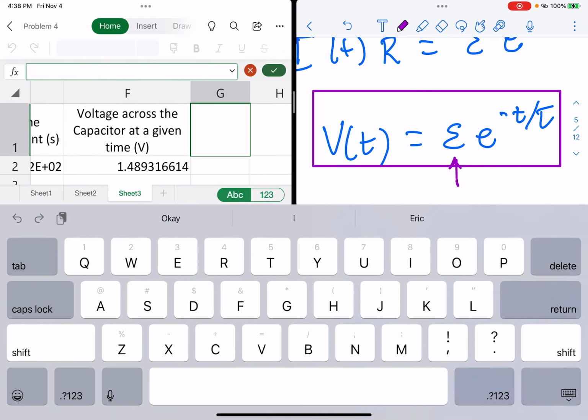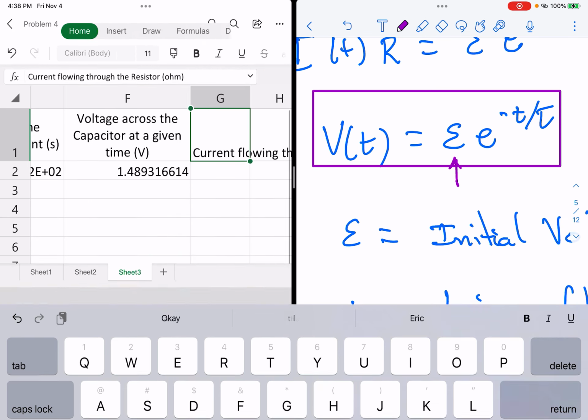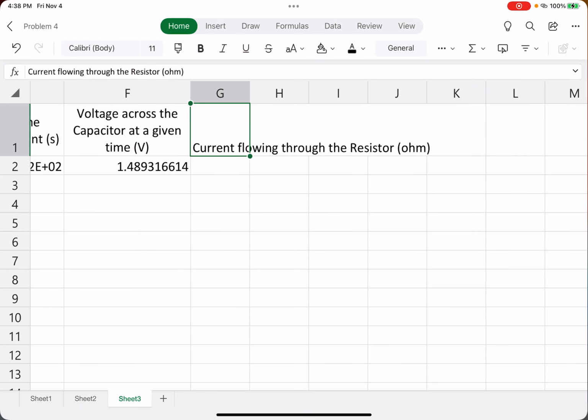So the current flowing through the resistor, in ohms.